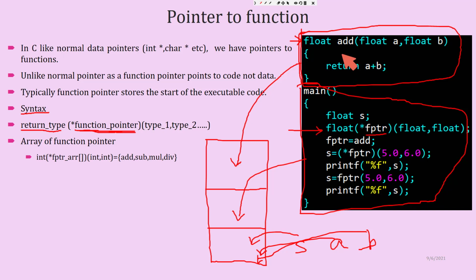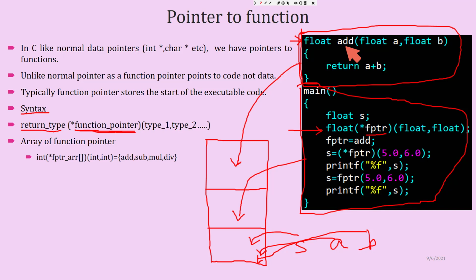What is add? Add means the function name. That function name actually refers to the starting address of the code, the starting address of the function. Typically a function pointer stores the start of the executable code. Add contains this address; add is the function name.